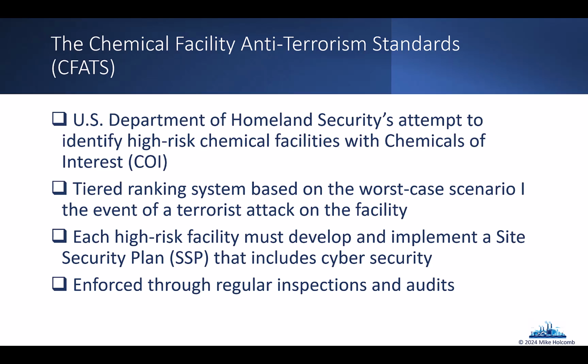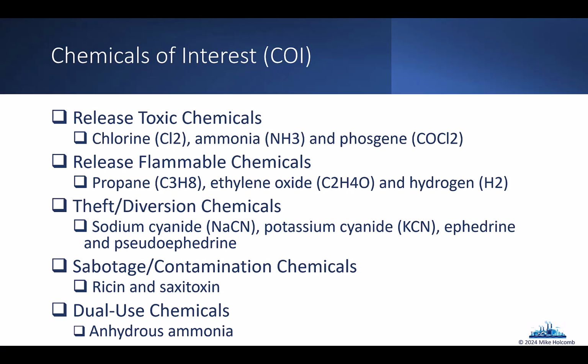And I'm going to jump ahead and then come back, because my biggest question is, what are some examples of chemicals of interest? What are these COIs? You can look at different categories and what the damage potentially could be.